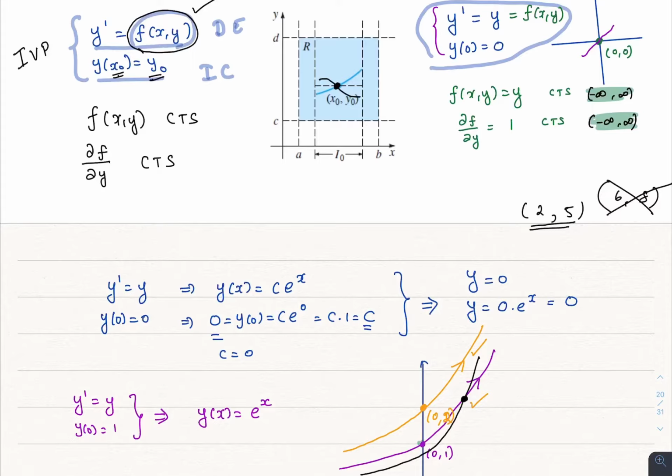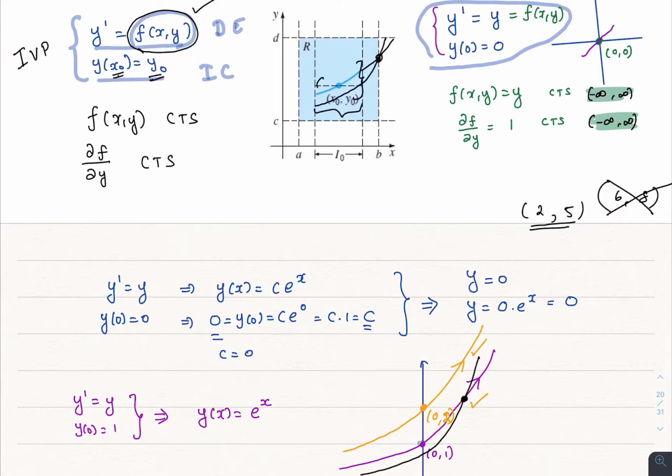There might not be. So for example, let's take a look at this case right here. In this case, let's just say I can only guarantee the unique solution in here. It is possible the solution might extend this way. There might be another solution coming off of this, might not intersect in here, but it may intersect there, because we don't know what's going to happen outside.